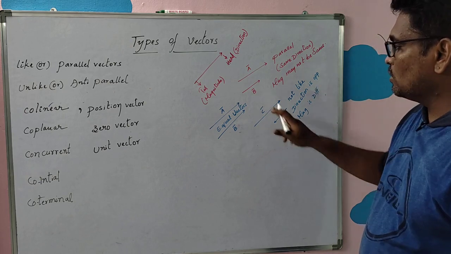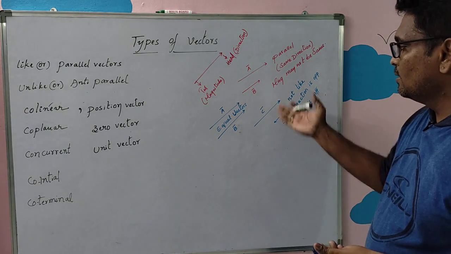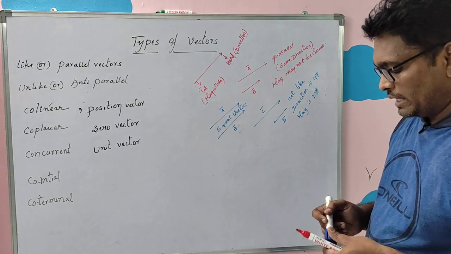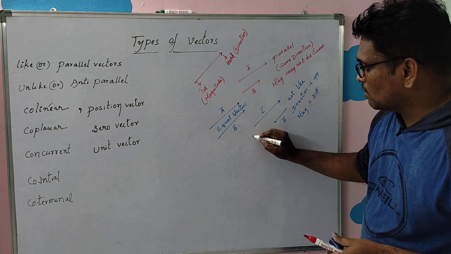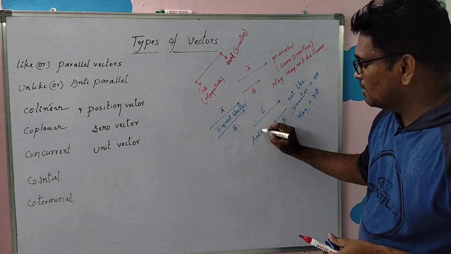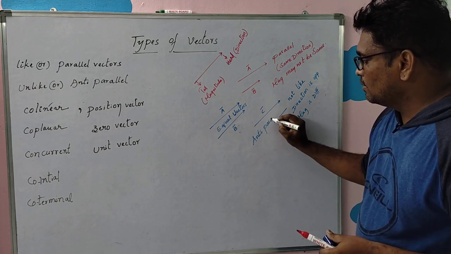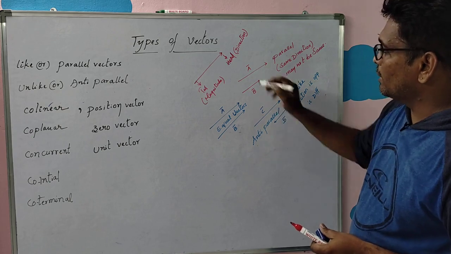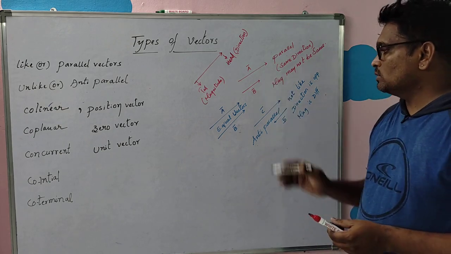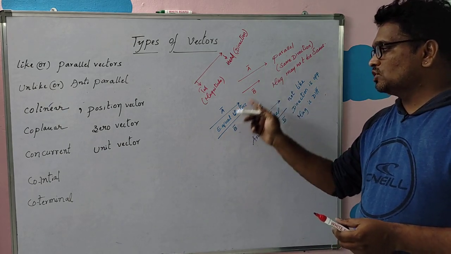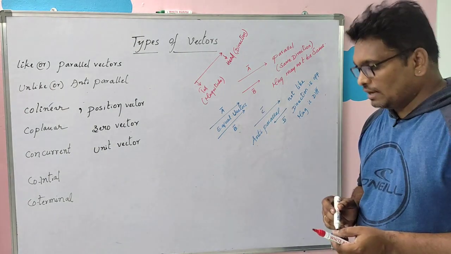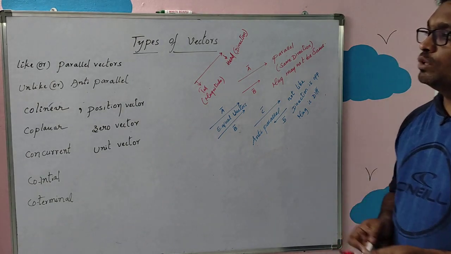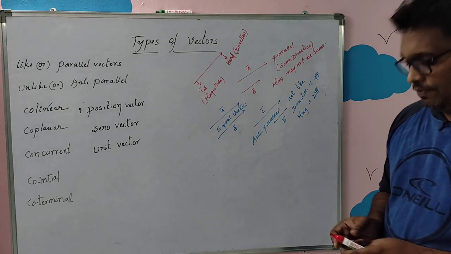Such vectors, which appear parallel but whose directions are opposite and magnitudes different, are called anti-parallel vectors. So parallel vectors, anti-parallel vectors, and if the direction and magnitude are the same for any two vectors, such vectors are called equal vectors.